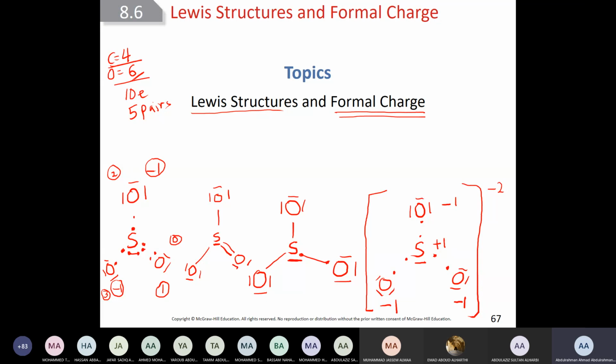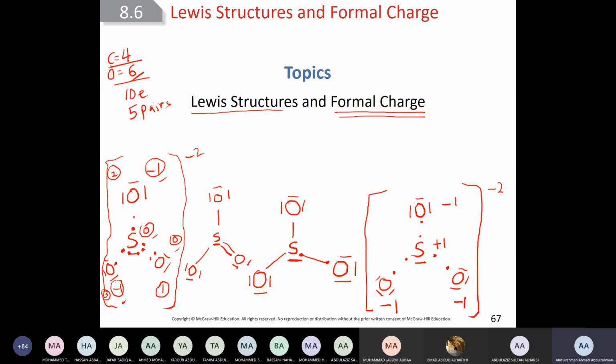How many electrons around it now? It is 6. 0. Exactly. There are 6 electrons around it, so it is 0. All right. Now, what's the total charge in the whole molecule? -2. Exactly. Why? Because -1, -1, 0, and 0 is -2.